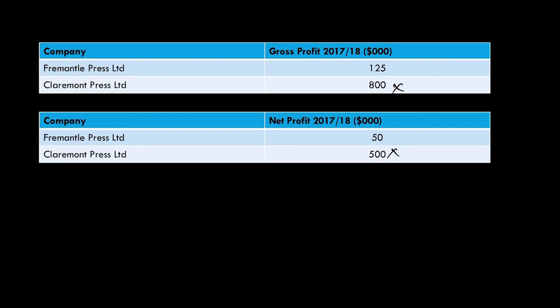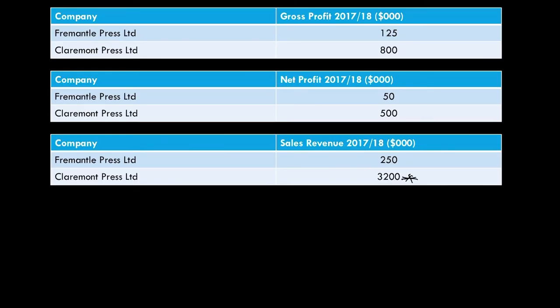We can get a clearer picture by comparing the company's sales revenue to their overall profits. Here again, we can see that Claremont has made more revenue from sales. However, this doesn't tell us much more until we actually compare the sales revenue to the final profits earned.